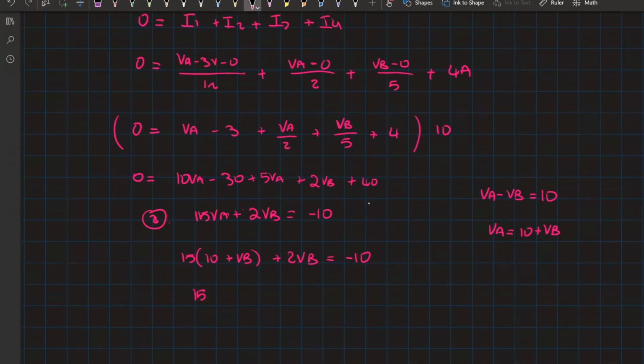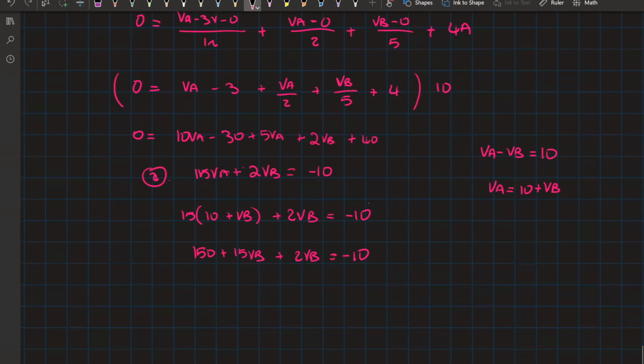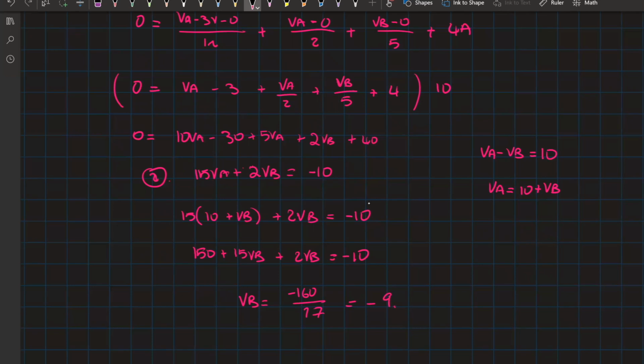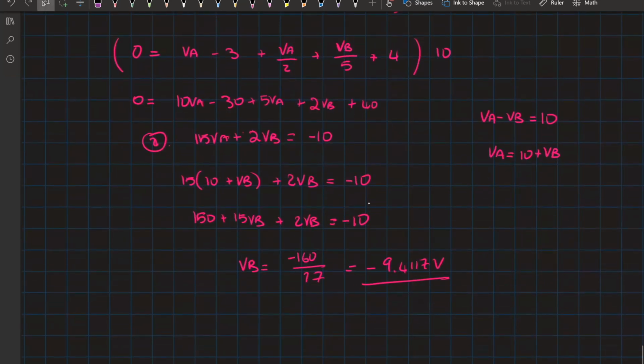That simplifies to 17 VB minus 10, and that gives us a value of VB equal to negative 160 over 17, which is equal to negative 9.4117 volts.